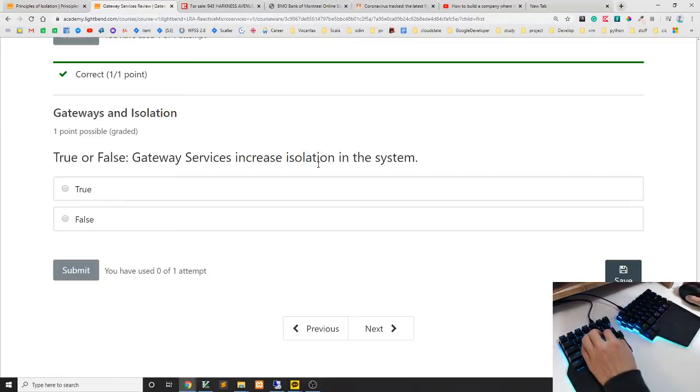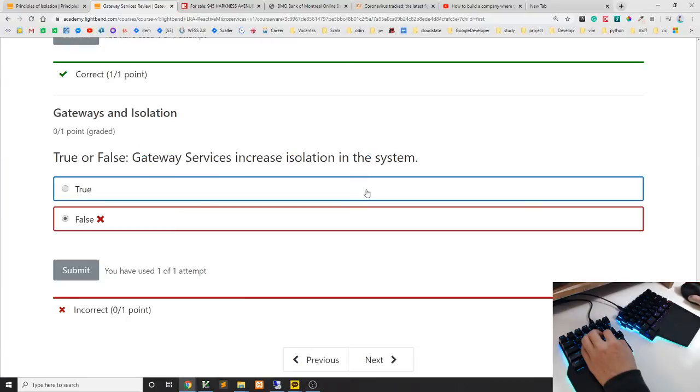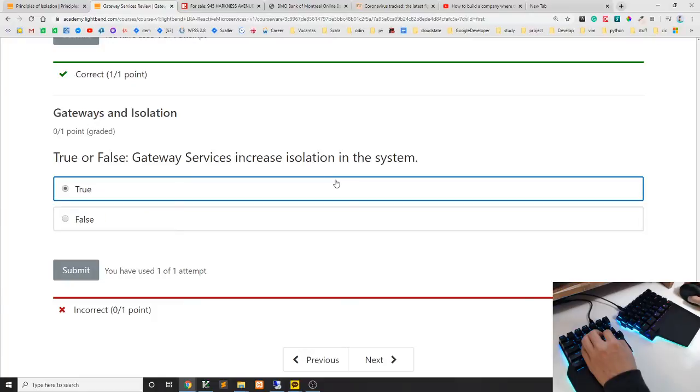So isolation in the system is false. Gateway services increase isolation in the system. Does it make sense?